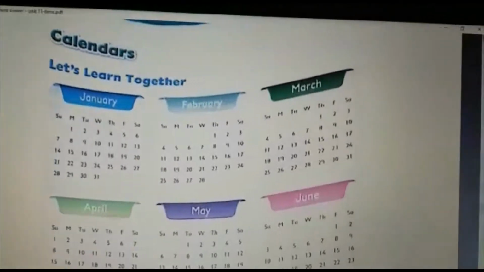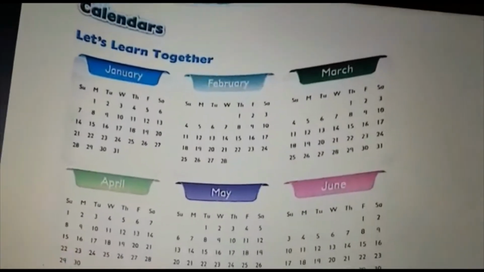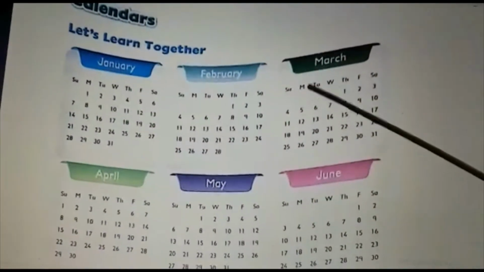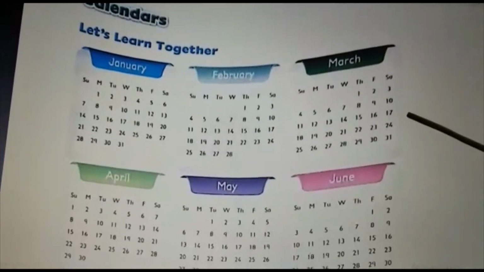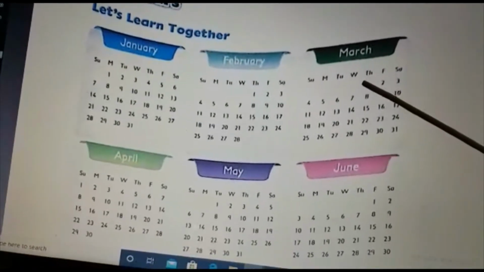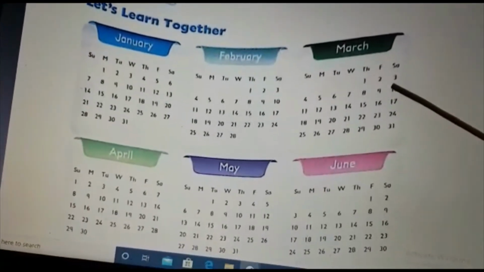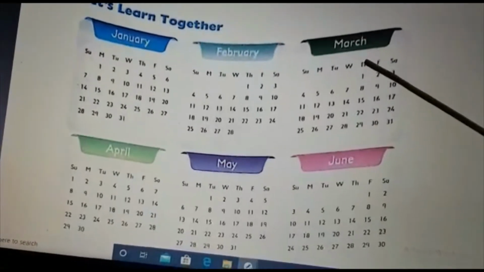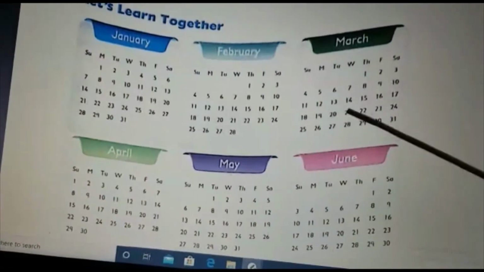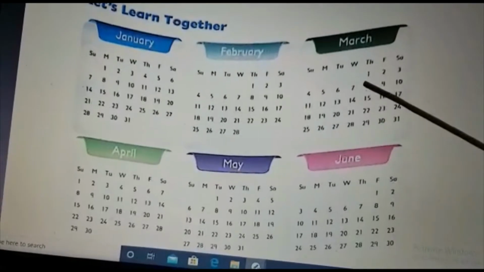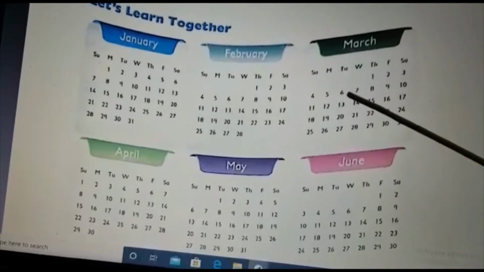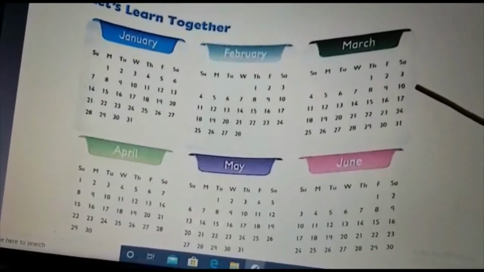Okay, and in some questions there will be questions like how many days from this day to this day. Suppose how many days are there from March 1st to 15. In that case we need to count 1 and we need to count 15. Then only we can say how many days there are. Here we'll say 1, 2, 3, then this a full week, so 7.